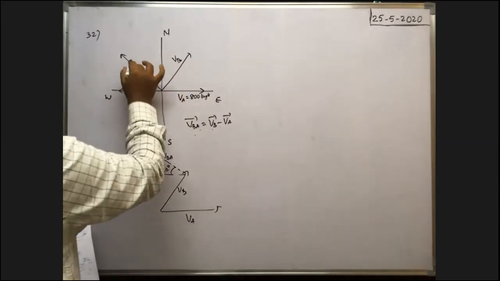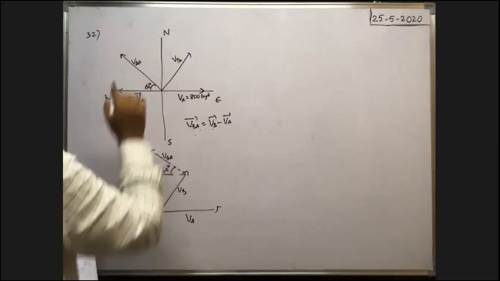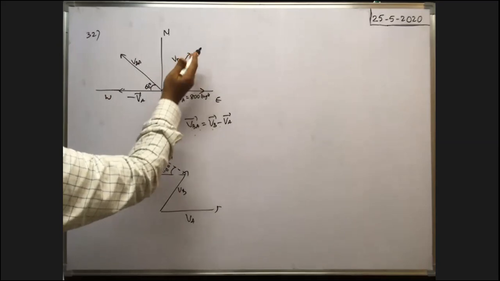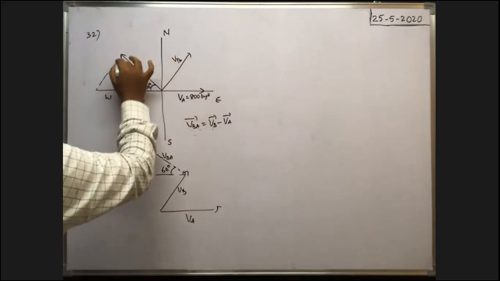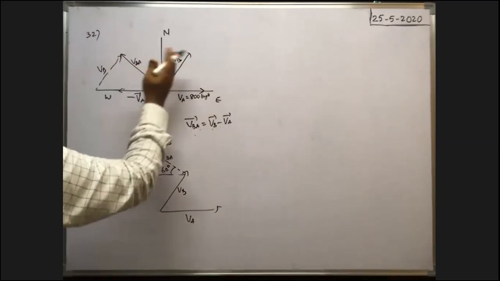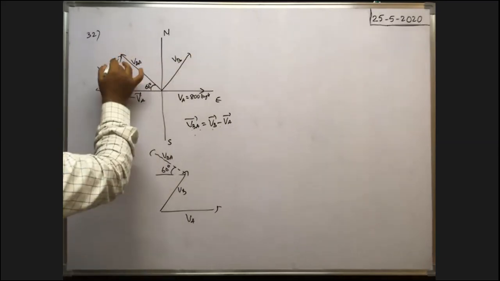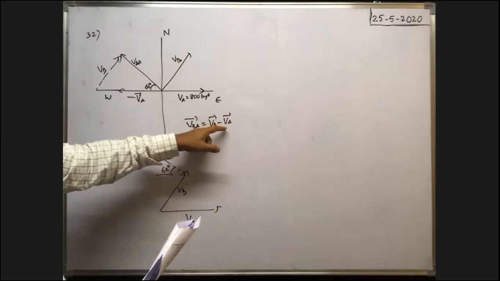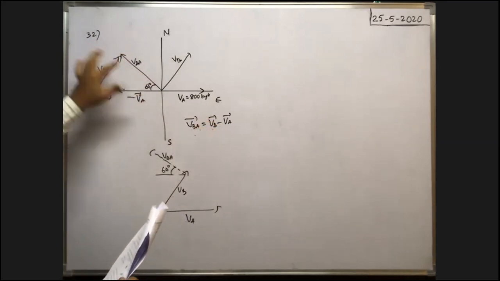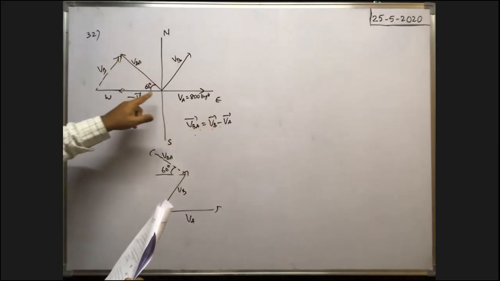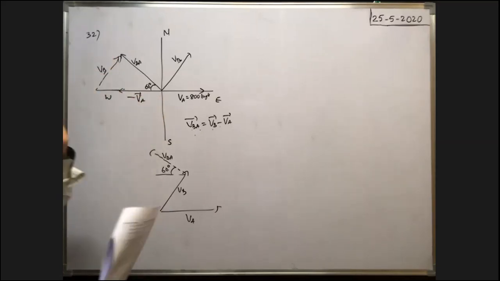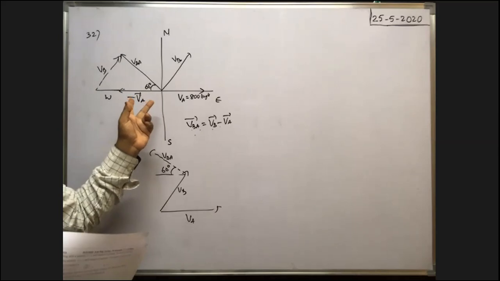Next, you see, parallel to VB you draw a line here. It is VB. Now, VBA bar is equal to VB bar minus VA bar. Is this condition satisfied in the diagram or not? Can we add minus VA bar to VB bar or not?